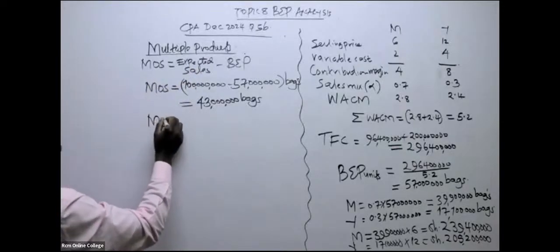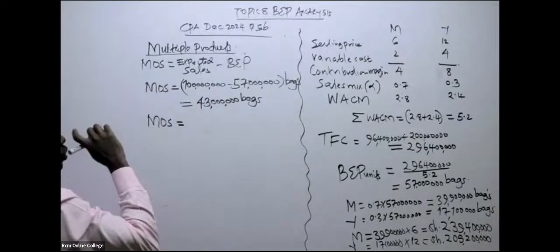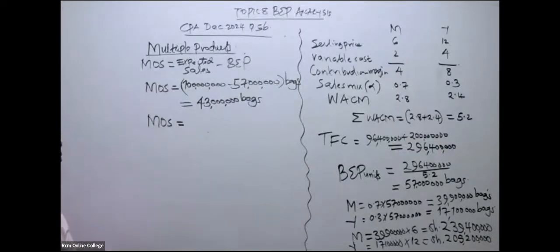Our margin of safety in shillings is equal to expected sales minus break-even point in shillings. Can we get the expected sales?